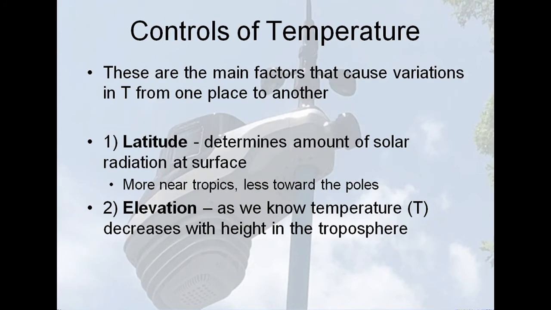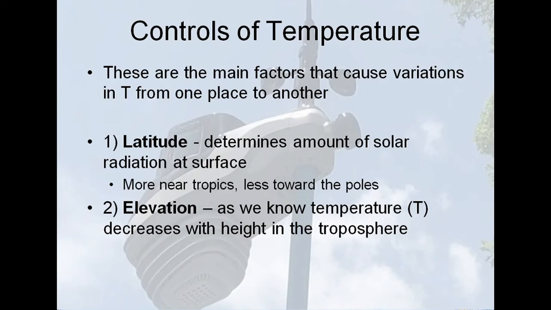All right, controls of temperature. These are the main factors that cause variations in temperature from one place to another. Latitude. We talked about that actually with Atlanta and Phoenix, how they were on the same latitude, but had different temperatures, and that was just based on the soil content, two different types of surface.